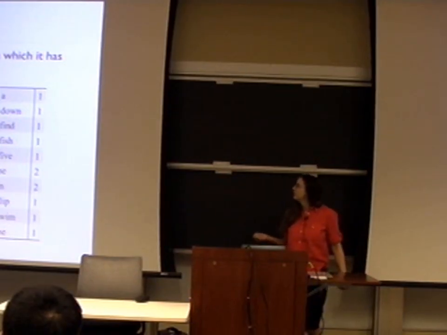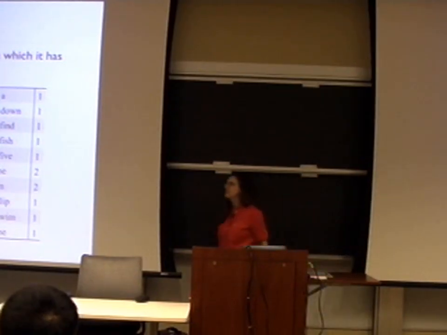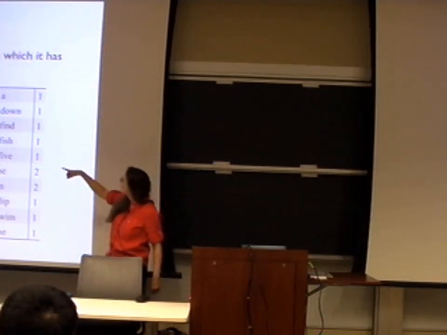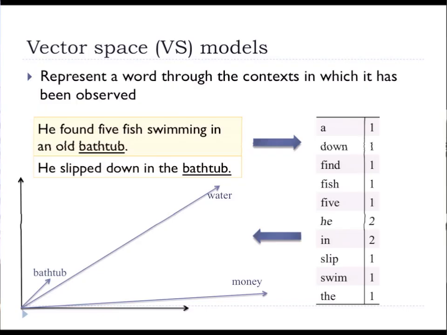So using a really tiny sample corpus of 2 occurrences of the word bathtub: "he found 5 fish swimming in an old bathtub," and "he slipped down in the bathtub." The context in which the word bathtub occurs here is these 2 sentences, and we can represent them by just counting the words that we find, which gives us this table of counts.